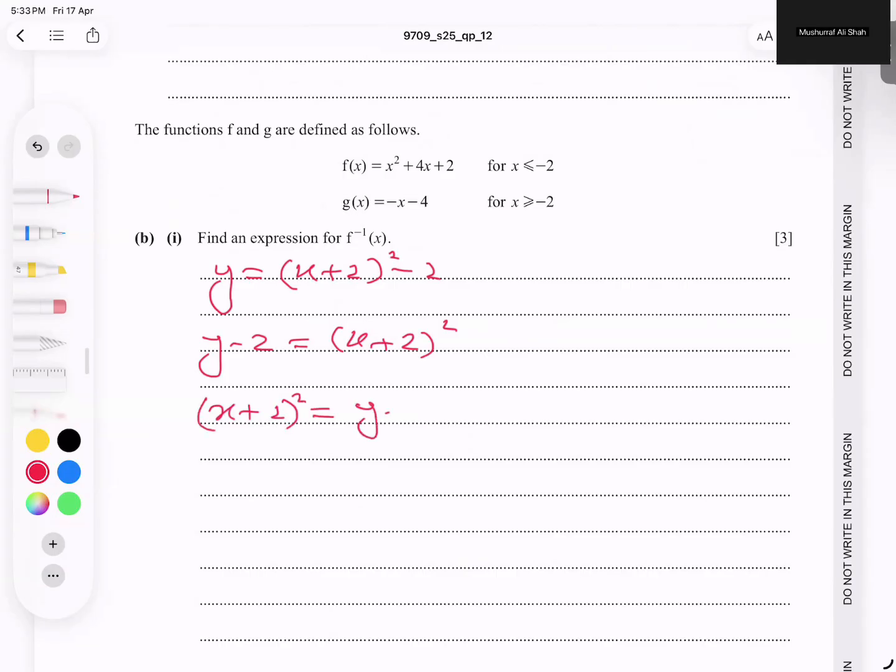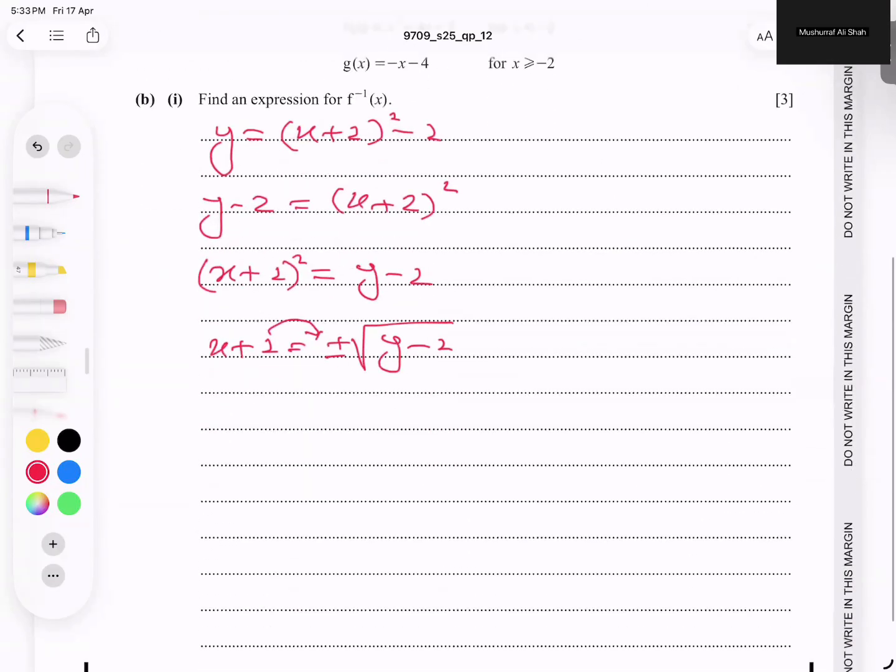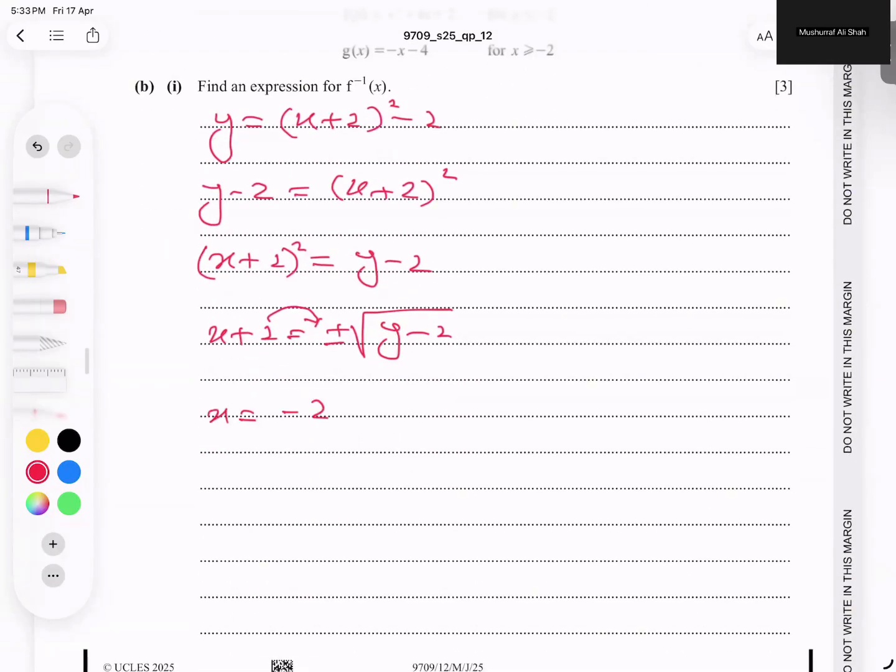When switching, the sign never changes. Take a root of both sides, we must get a plus and minus. This 2 will go to the other side, and I'm getting x equals negative 2 plus or minus root of y minus 2. As I will interchange, interchanging means x becomes y and y becomes x. And when I do the interchange, students, what happens? We have to write one sign here, either plus or minus.